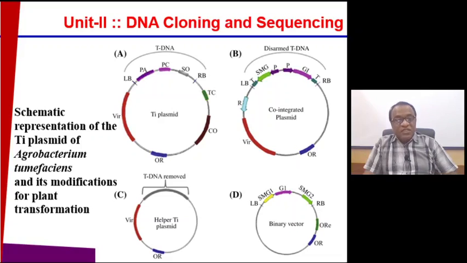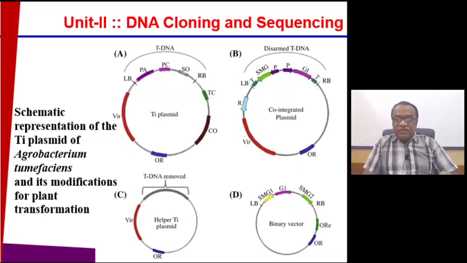Essentially these vectors should contain the tDNA flanking regions and they may be integrated into a disarmed Ti plasmid to produce a co-integrated plasmid, or simply be a binary vector which is independent of a Ti plasmid. Is that clear? So we have tried to understand the Ti plasmid, the co-integrated plasmid, the helper Ti plasmid and the binary vector system.